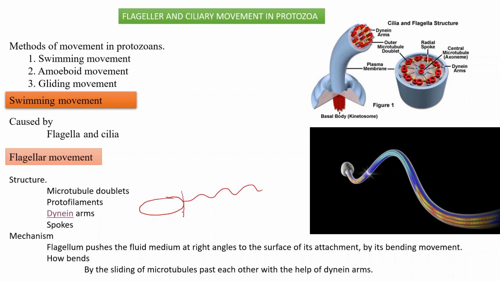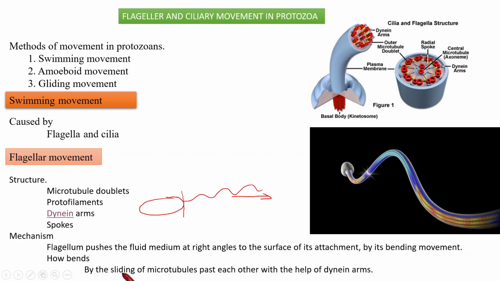So this is the surface, and at right angles to this surface, in this direction, would be its movement. So that's what is written here: the flagellum pushes the fluid medium at right angles to the surface of attachment and also by its bending movement. How that bending occurs, I already explained to you.